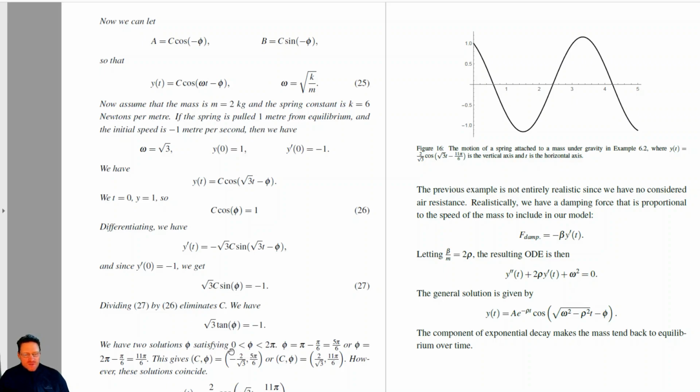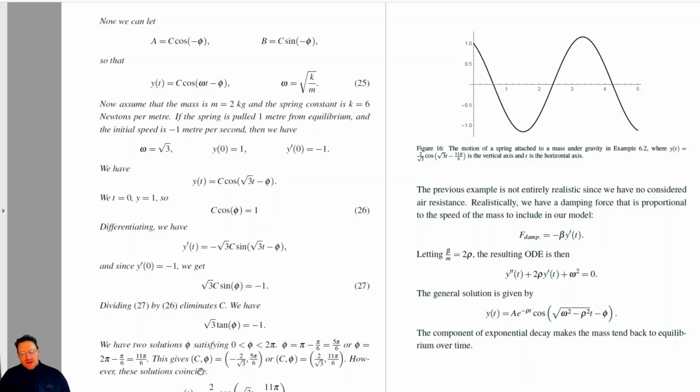So between 0 and 2 pi radians, phi is equal to pi minus pi on 6, which is 5 pi on 6, or we've got phi is equal to 2 pi minus pi on 6, which is 11 pi on 6.